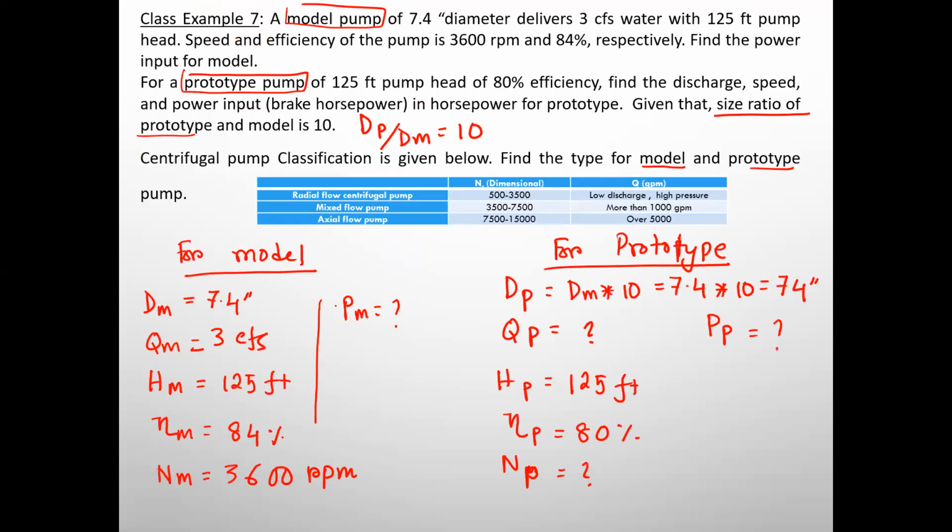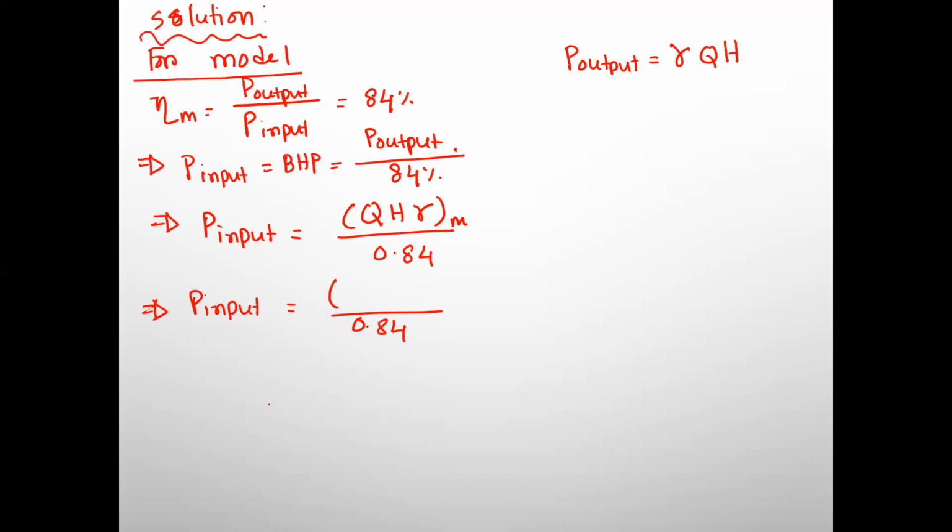So if I check the given value, gamma QM was 3 and H was 125. So we will just use that, and everything is in FPS unit. So gamma of water will be 62.4. So it will be 3, 125, 62.4.